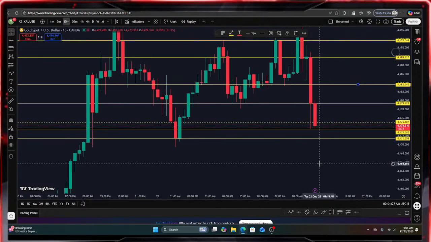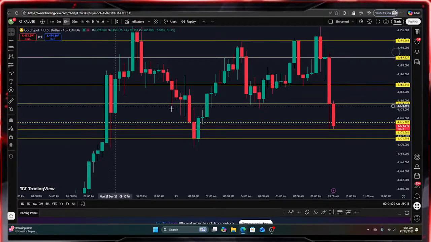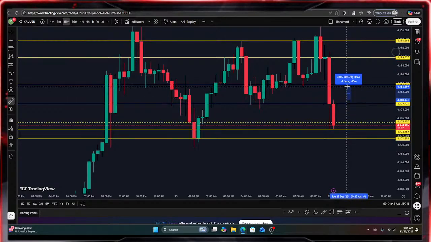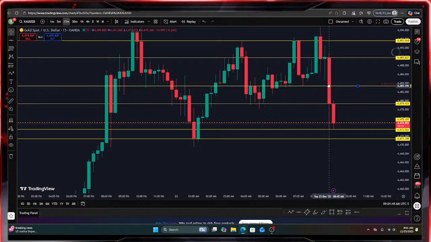So instead of the weak entry, I'm going to wait until this can actually flip bullish. If we do, once we flip, we could look for buys on the flip or the re-break at the highs. On the re-break at the highs, what's the range we have going up? It's like 30. Boom.